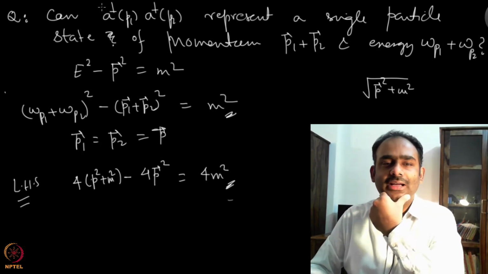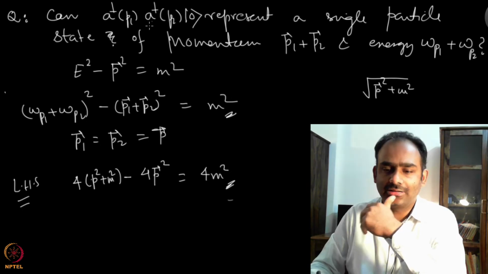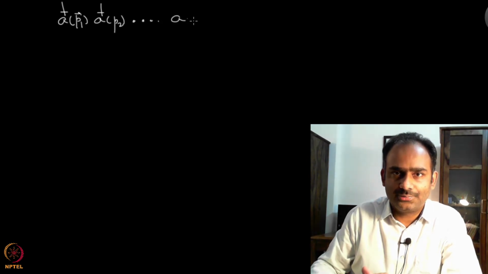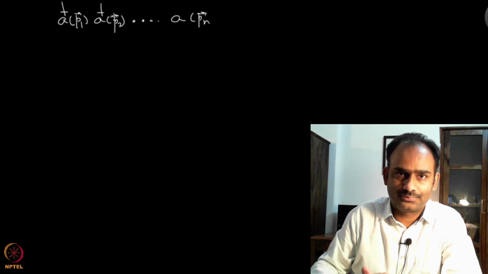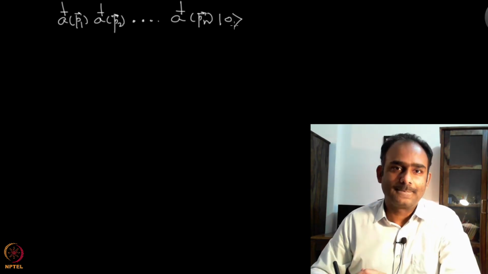Okay, now that we have acted on the vacuum with 2 A daggers, how about acting on the vacuum with n number of A daggers? So, let us say I take a p1 dagger, a p2 dagger up to a pn dagger and hit on the vacuum, okay, vacuum of the free theory.